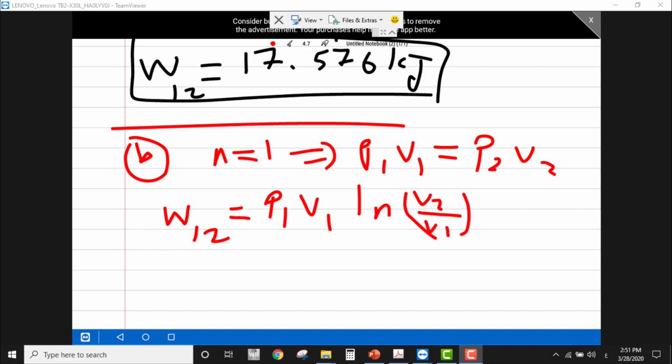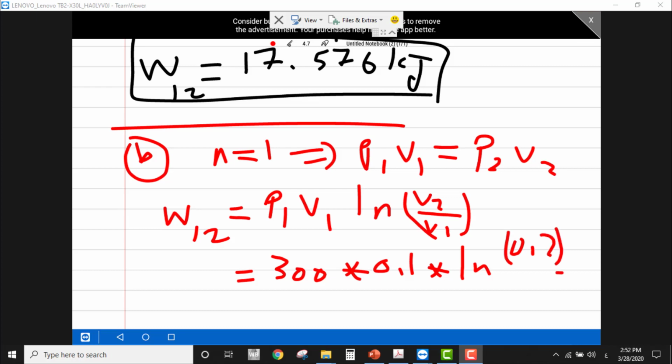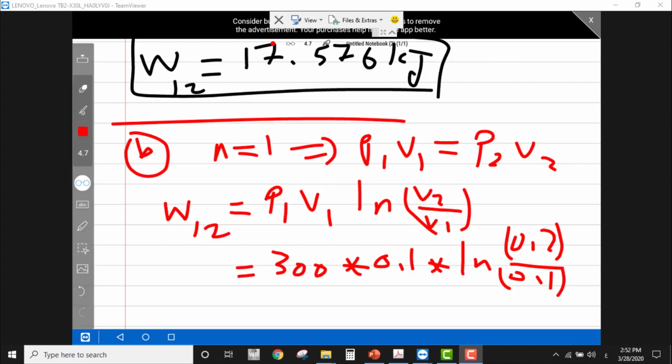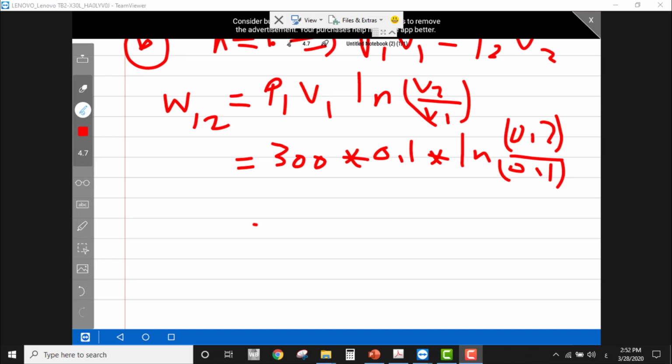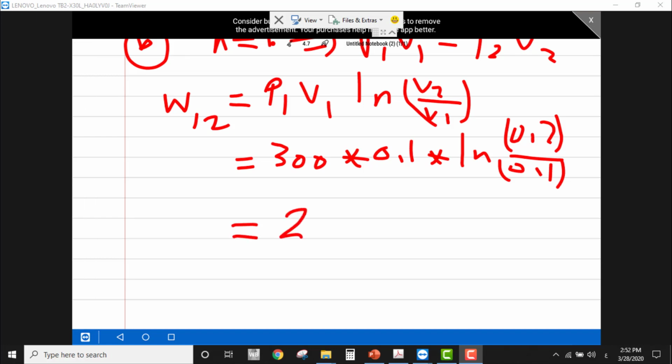Okay, so no need to go and find P2. We can use what we have. So P1 equal to 300 instead of 3 bar, kilopascal, multiplied by V1, which is 0.1, multiplied by ln 0.2 divided by 0.1, and from here use your calculator. You will find out that work 1 to 2 equal to 20.8 kilojoule.